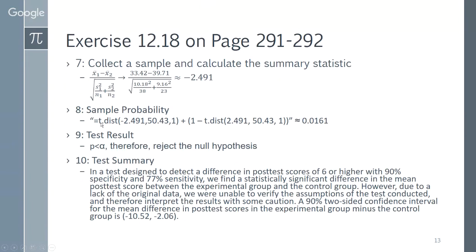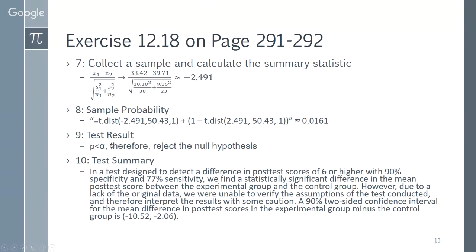For the probability that t is less than minus 2.491, that's just the straight cumulative probability. For the probability that t is greater than 2.491, remember, I can't do greater than, so cumulative probability goes less than, so it's 1 minus the probability that t is less than positive 2.491. That's this part. And this gives me a sample probability equal to 0.0161.